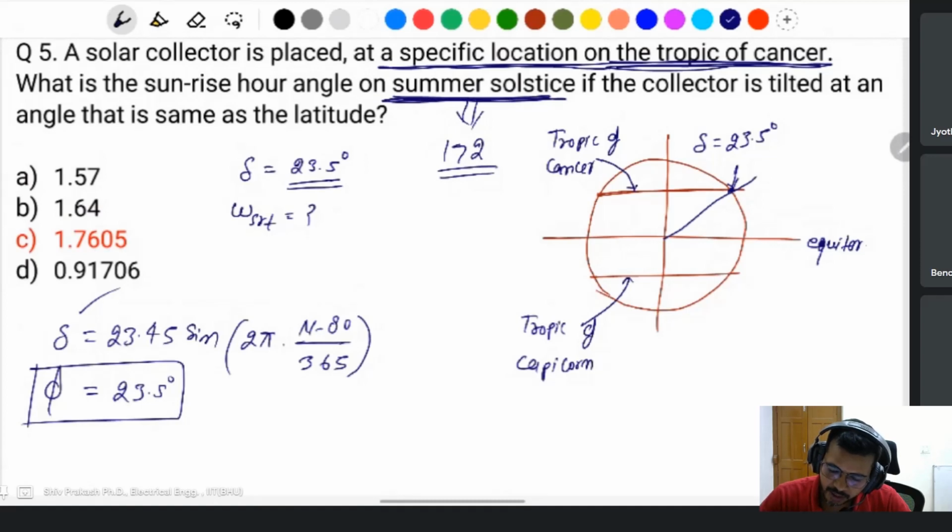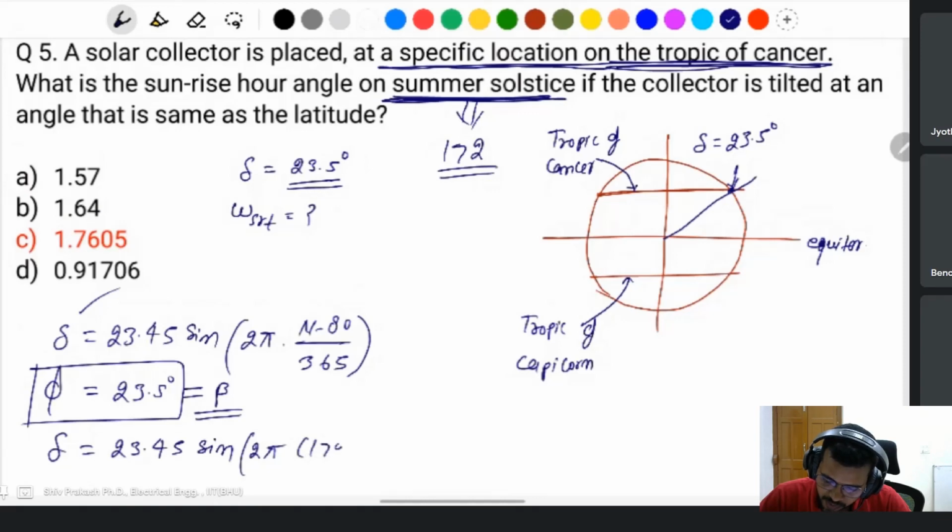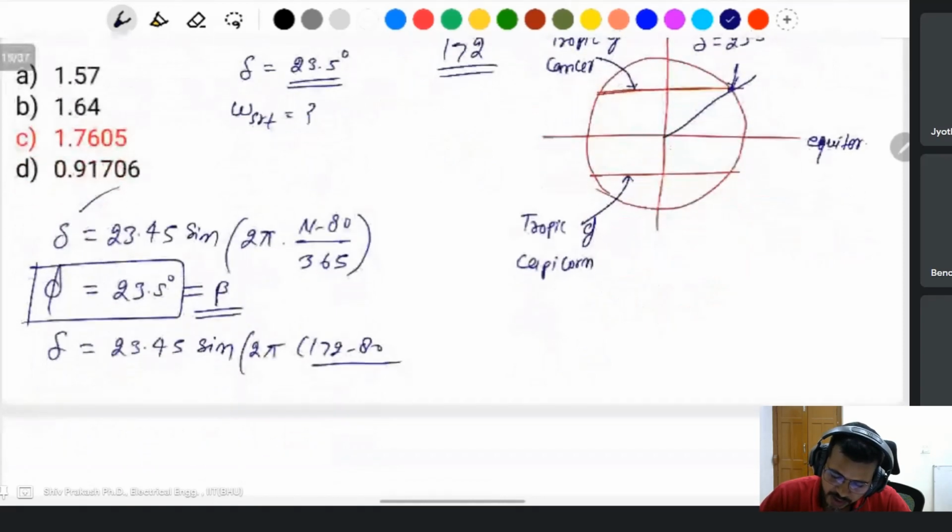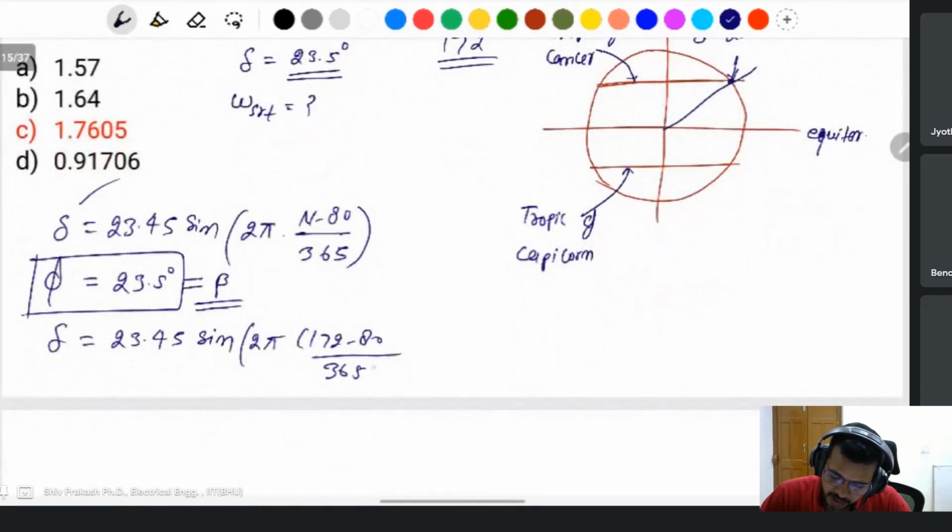The tilt angle is the same as the latitude angle, so beta is the same as phi. Then you can calculate the delta angle: 23.45 sine of 2 pi, where n is 172 minus 80, divided by 365. Okay, this will be taken as 180 degree.